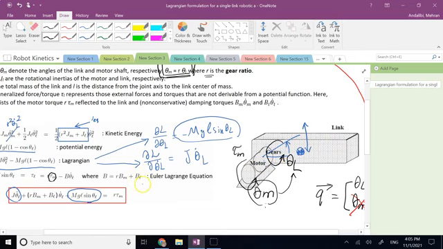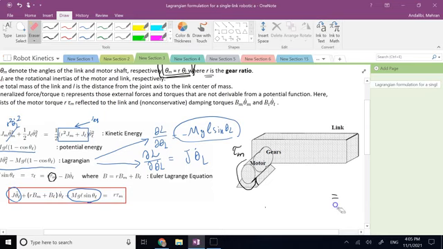And the other thing that you have here is basically the viscous frictions. So there is a viscous friction applied to the motor shaft, and there is a viscous friction applied to the load shaft.